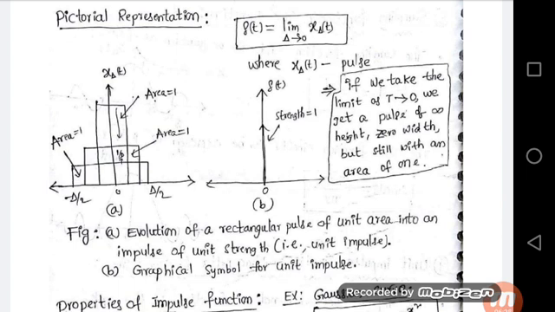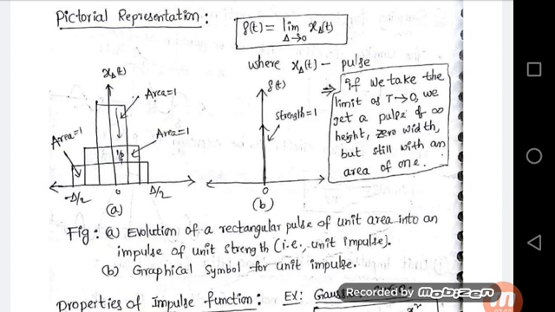In the first diagram A and second diagram B, the waves vary with different impulse function blocks or areas, from delta by 2 to minus delta by 2. If we take the limit as t tends to 0, we get a pulse of infinite height, 0 width, but still with an area of 1.